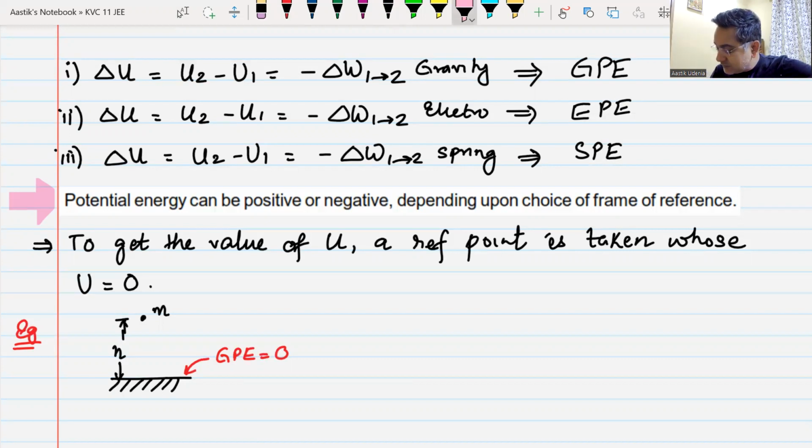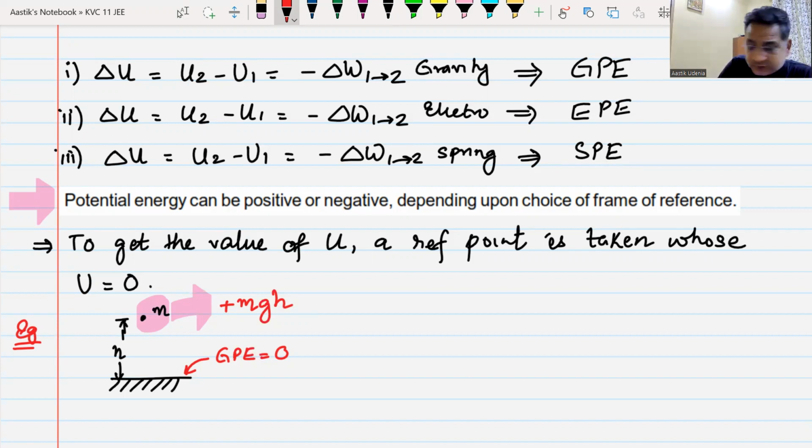Then, in that case, the gravitational potential energy of this mass becomes how much? Anyone knows it? It becomes plus mgh. This is how we take for gravity. We call the energy of that reference point as 0. Then we can find out the energy of anything. So here it becomes positive.